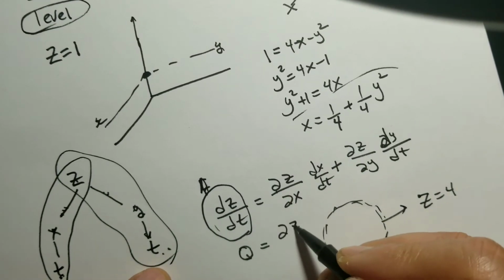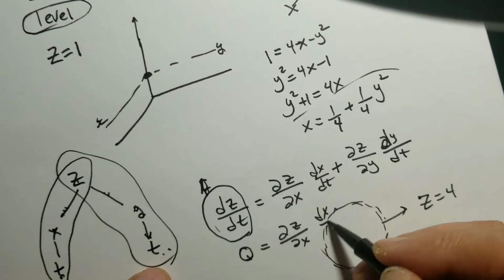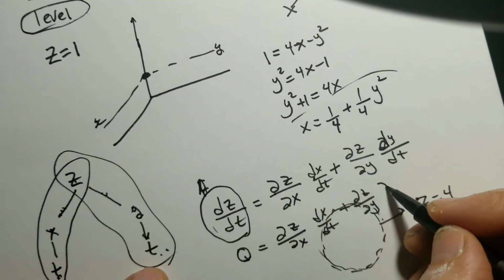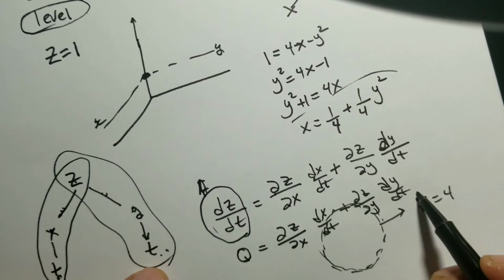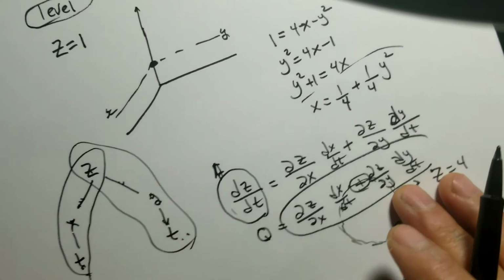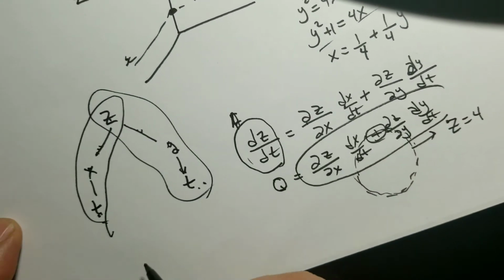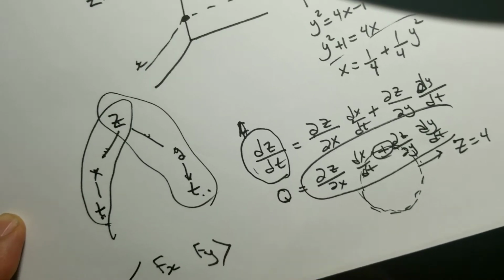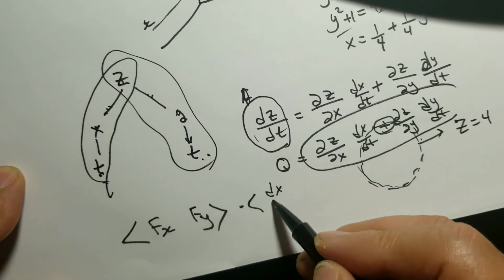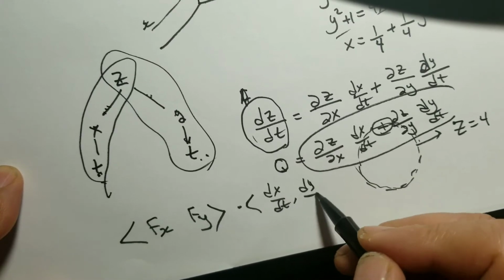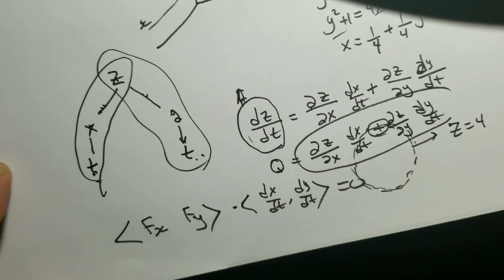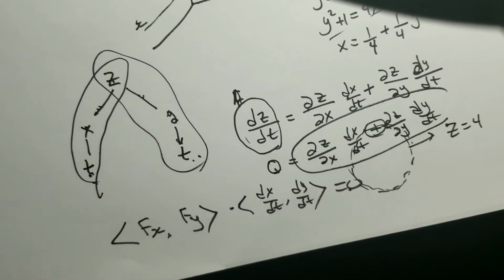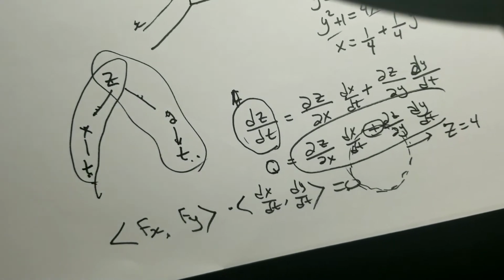Therefore, this is the partial derivative of z with respect to x times dx dt plus the partial derivative of z with respect to y times dy dt. Here what you see is a sum of two products, and a sum of two products means the dot product of two vectors. And when the dot product is 0, these two vectors are orthogonal.